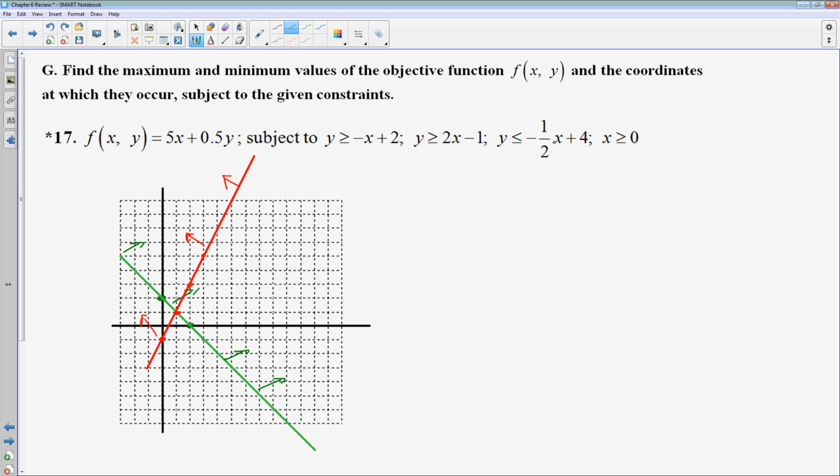Then I have negative 1/2 x plus 4. So let's go up to 4 and a slope of negative 1/2, so down 1 over 2. And that looks like this. For this one, y is less than, so I'm going to shade down.